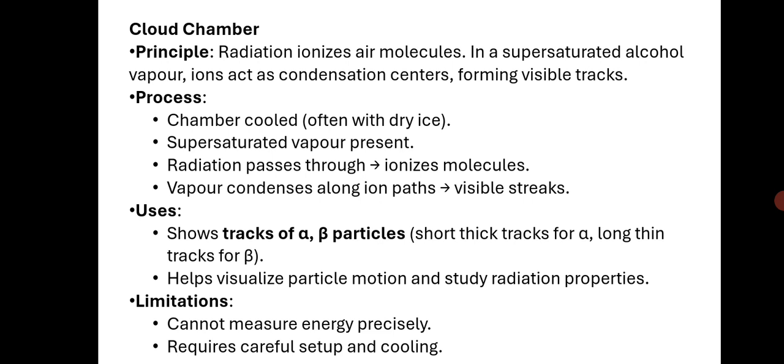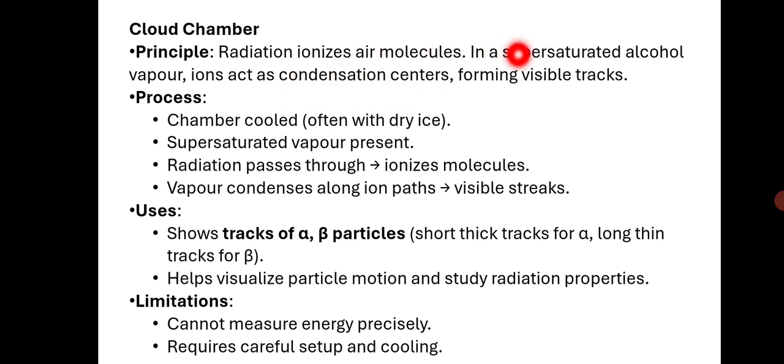Very, very important to note. So we have supersaturated alcohol vapor where ions are formed to act as the condensation centers. The vapor is condensed and the ions facilitate that condensation.